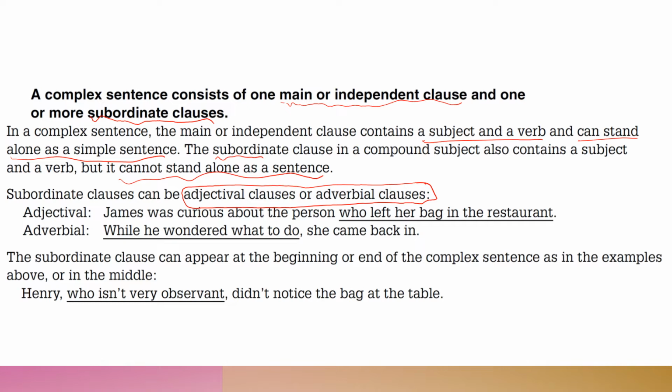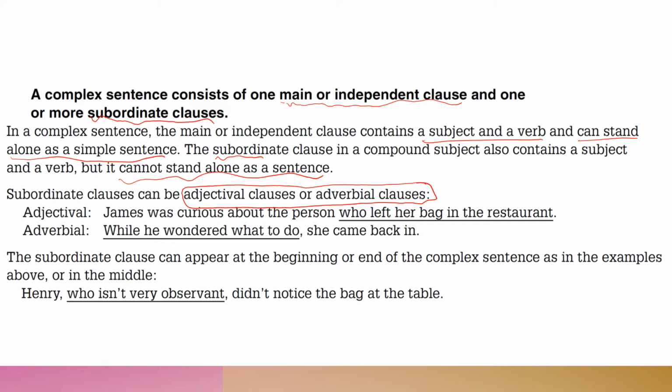It cannot stand alone. The same thing applies for the adverbial, the underlined one also cannot stand alone. The sentences that are not underlined are independent, main clauses, so they can stand alone as simple sentences in this case.